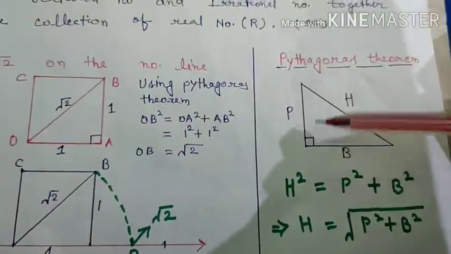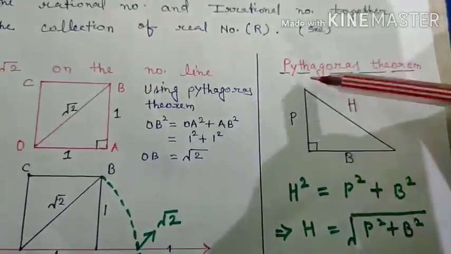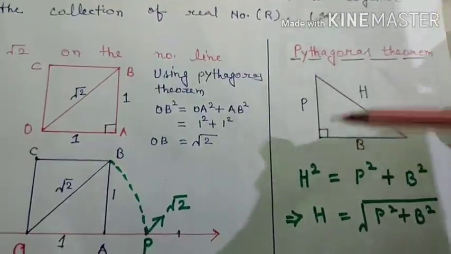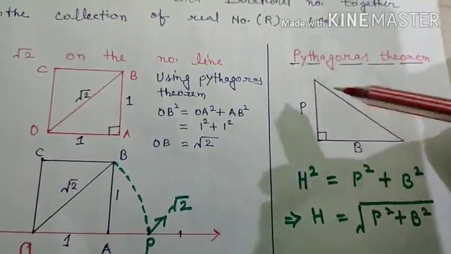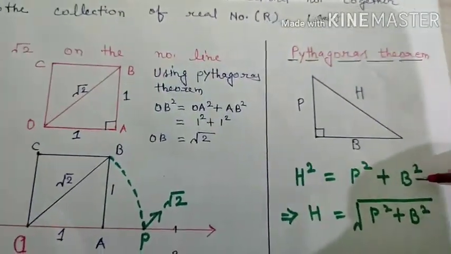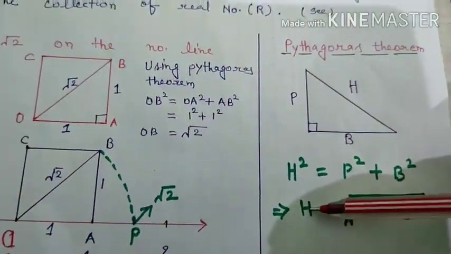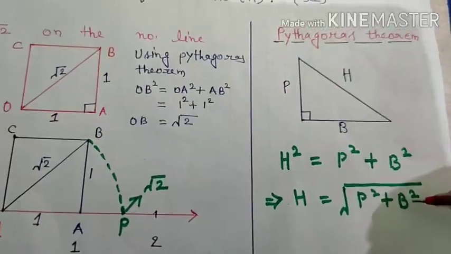In this right angle triangle, this is the perpendicular, this is the base, and this is the hypotenuse, in front of the 90-degree angle. Now we know the formula: hypotenuse square is equal to perpendicular square plus base square. Similarly, we can say hypotenuse is equal to root of p square plus b square.